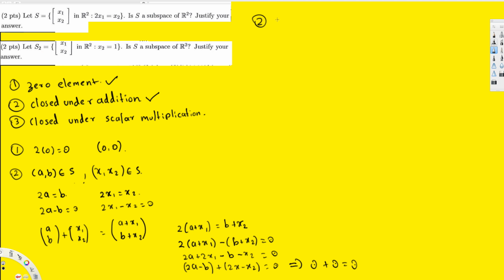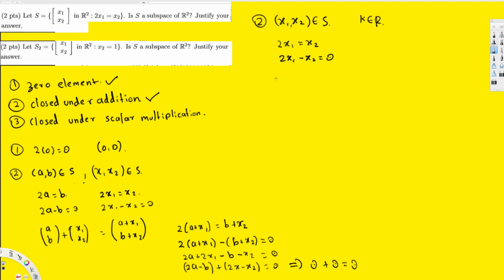Proving closed under scalar multiplication is a little bit different. For example, let's pick (x1, x2), which belongs to S, and also pick a scalar value, let's say k, which belongs to R. We know that two times the first value is equal to the second value, so I can rearrange this and say 2x1 minus x2 is equal to 0. Let's see if I multiply this by k, is it still true?